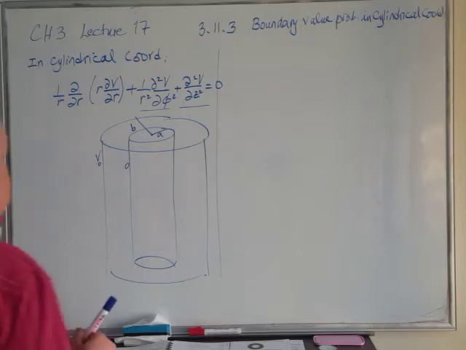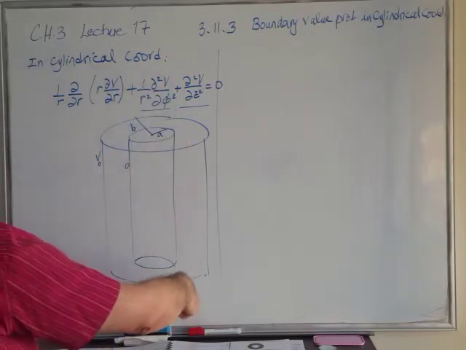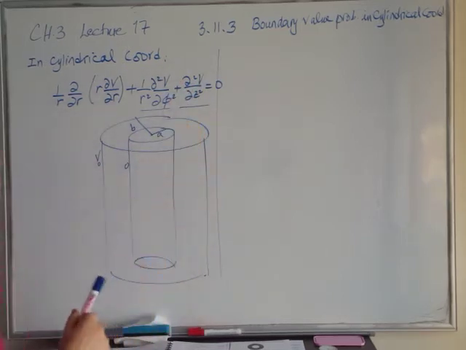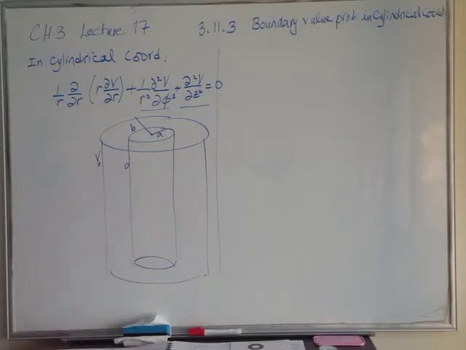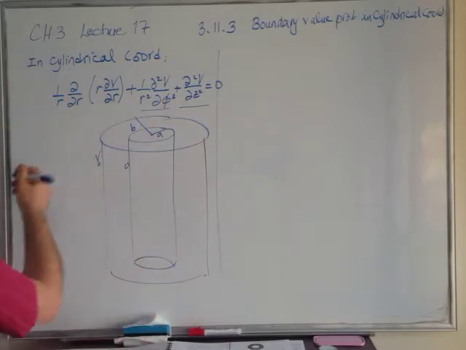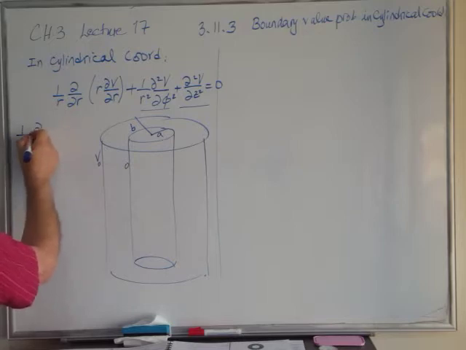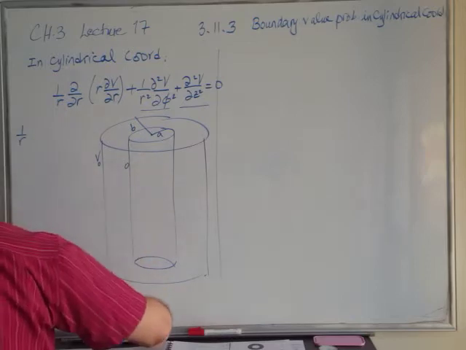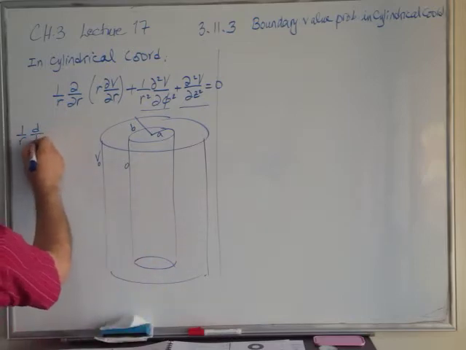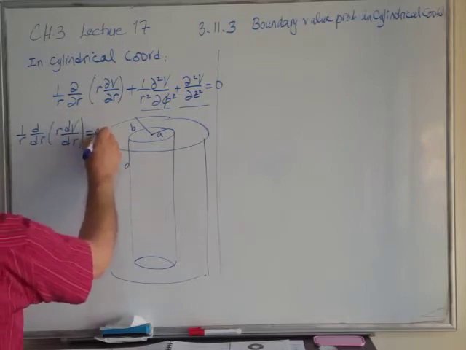Now, in order to do that, you can see very easily, those are very long cylinders, so if you go up and down, nothing changes, so we have symmetry with respect to z. If you go round in between the two conductors, nothing varies, therefore you have symmetry with respect to phi too, and the only differential equation will be 1 over r, now a total derivative, not a partial one, because it's a function of one variable, d by dr of r dv by dr is equal to 0.